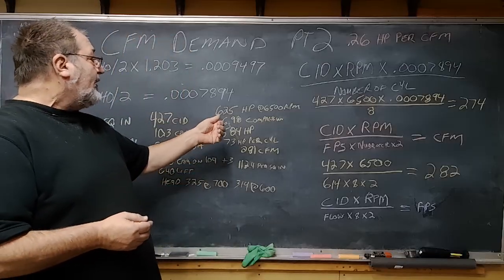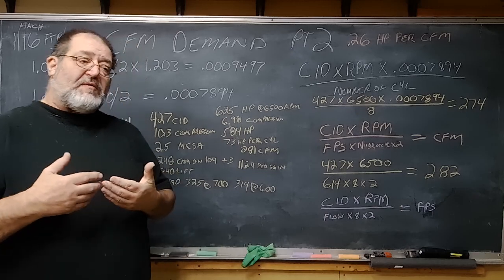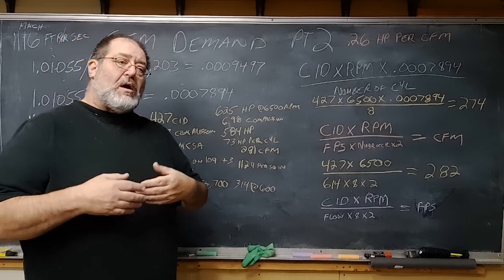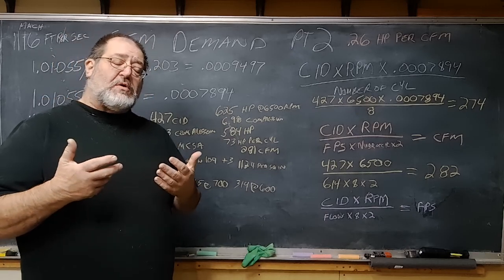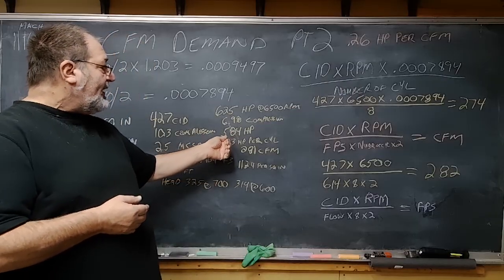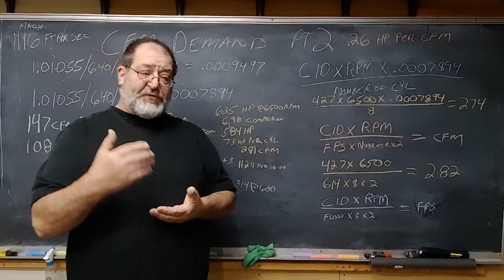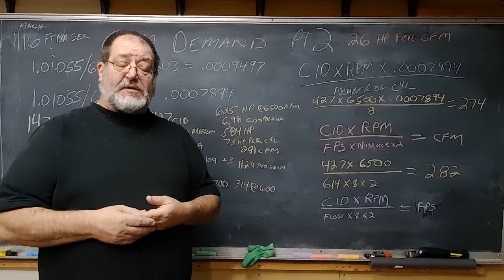So if we divide that into the 625 and figure out how much of that horsepower is not from compression, what we wind up with is 584 horsepower. Now, remember, fuel will also affect what it is.